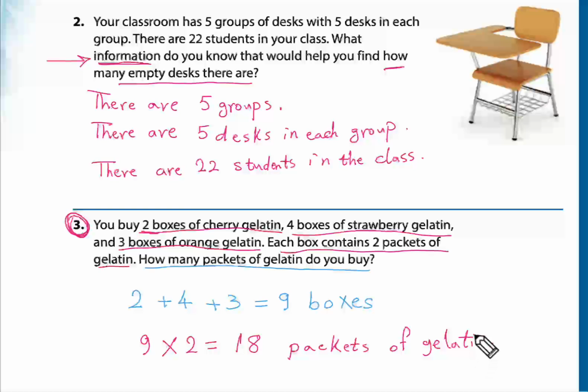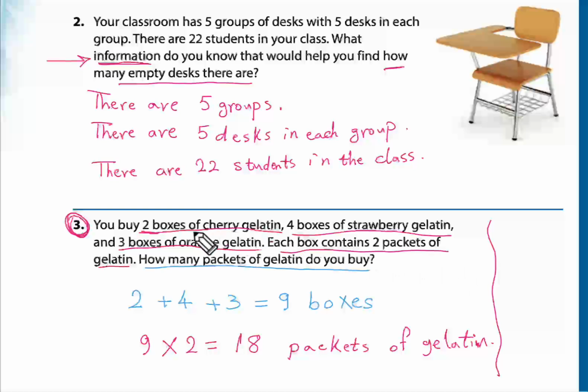Okay, my heroes, you can do this in another way. I'll say it also. If someone used this way, it's also correct. I'll write it here. You can make your plan by finding how many packets of each kind.